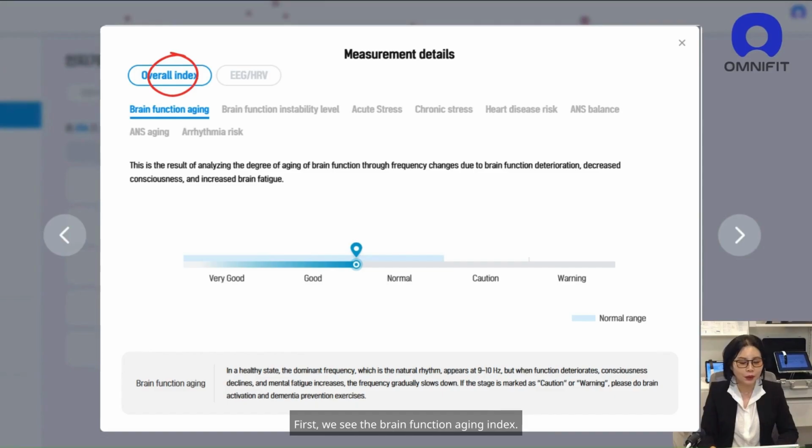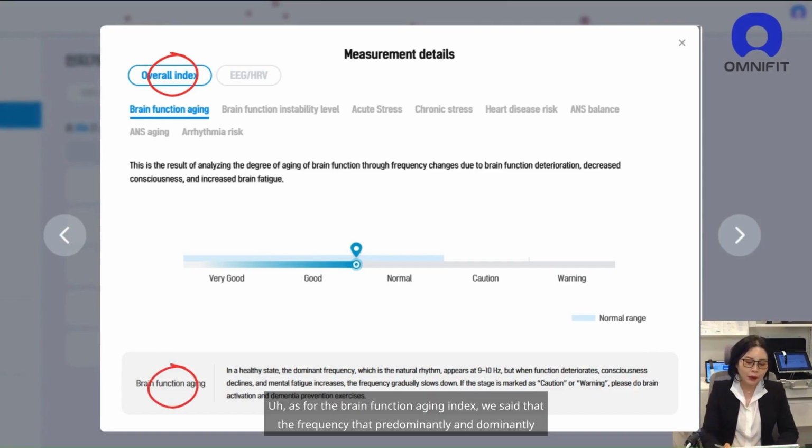First, we see the Brain Function Aging Index. As for the Brain Function Aging Index, we said that the frequency that predominantly appears in a healthy state in humans is called the intrinsic rhythm, right? That intrinsic rhythm appears most prominently in the range between about 9 and 10 Hz.